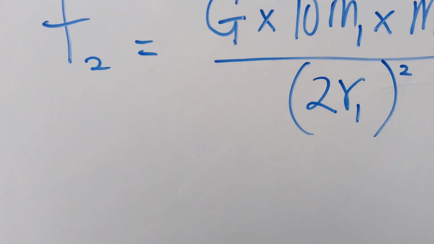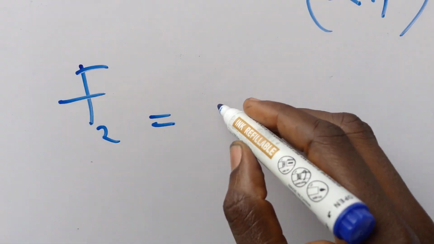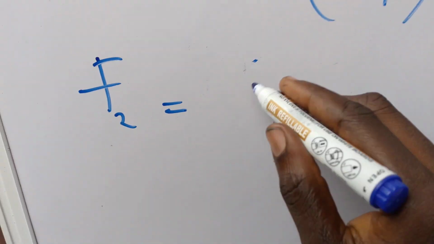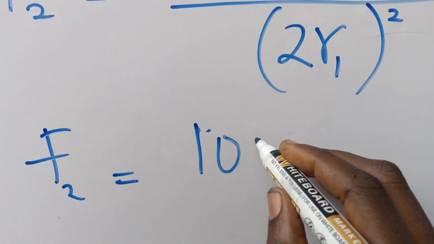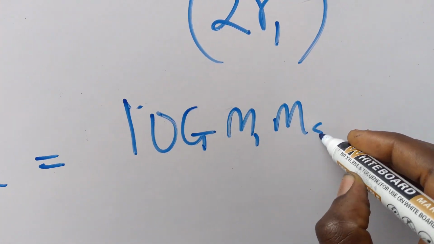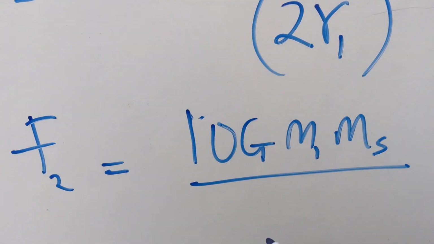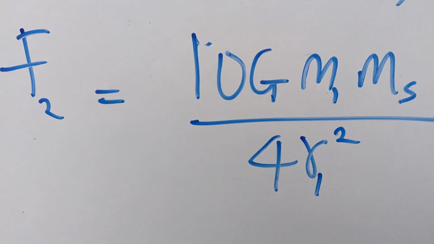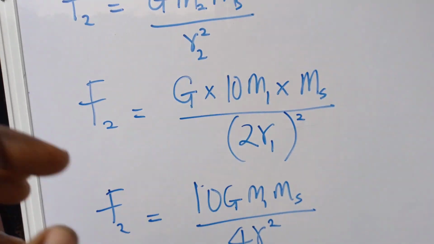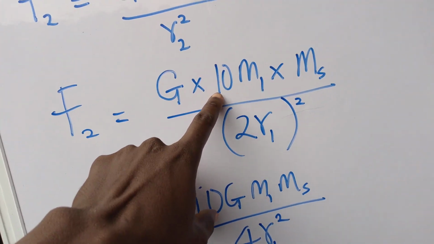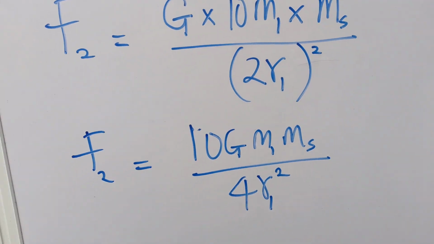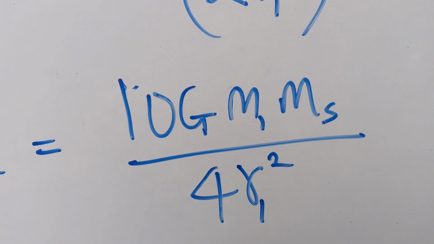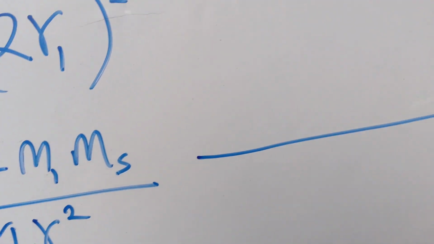So if I square this now and multiply everything, F2 is equal to 10 G M1 MS over 2 raised to power 2, which is 4, and R1 raised to power 2, that is R1 square. I can call this equation 3.